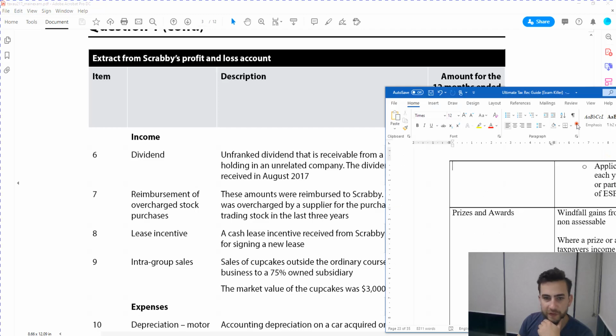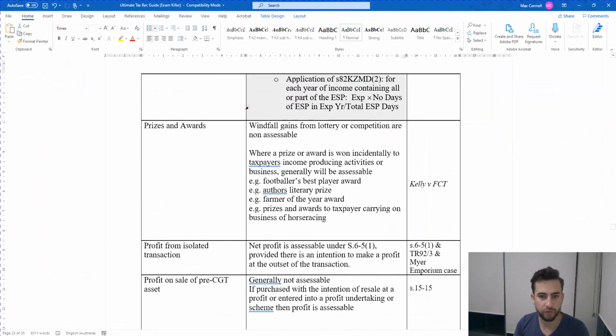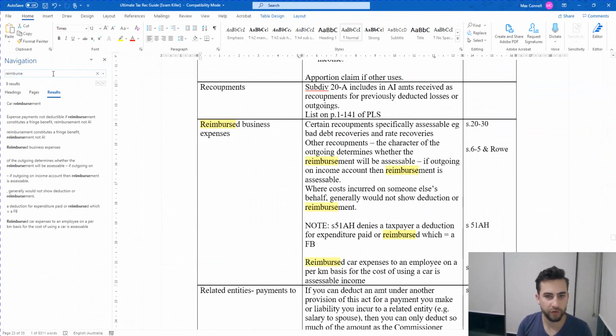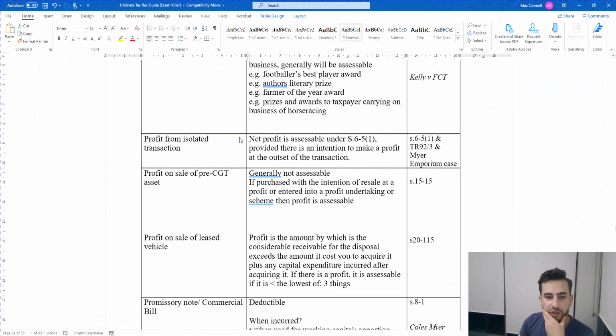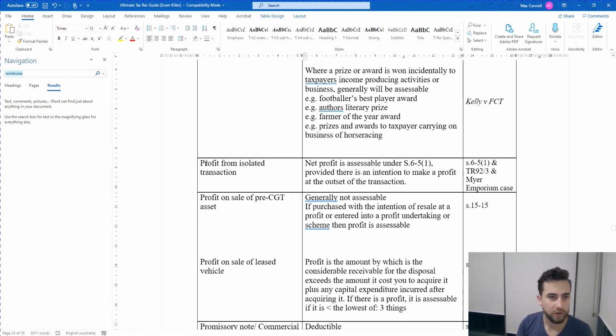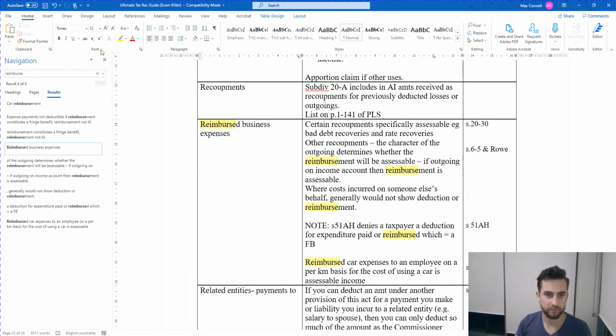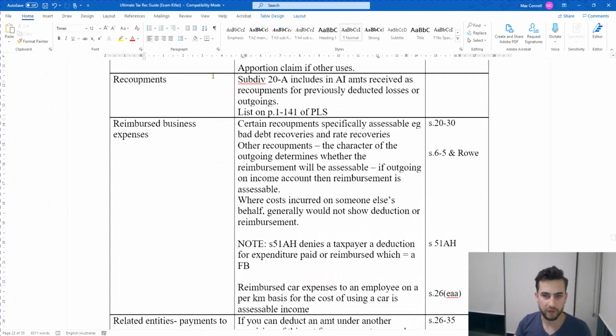So what I would do in this case is I'd Control F reimbursement. So here we go. Okay, so what does it say here?